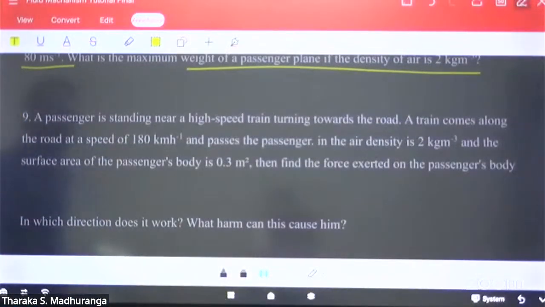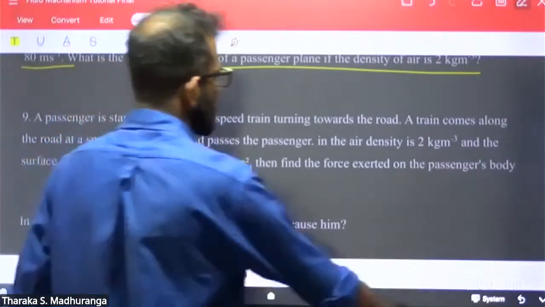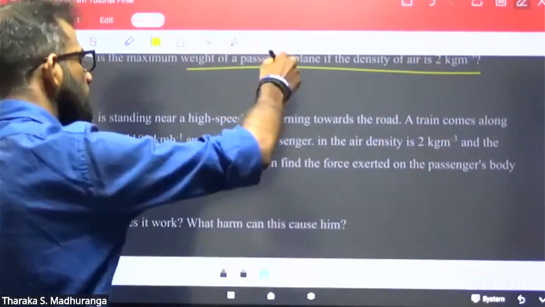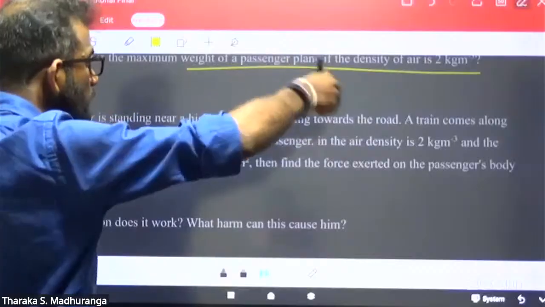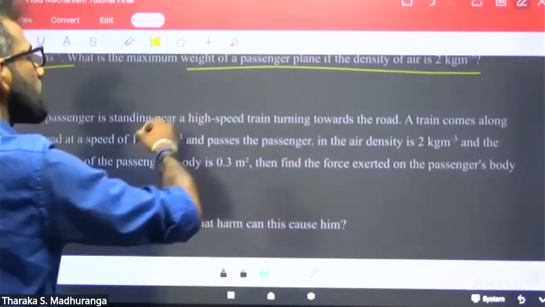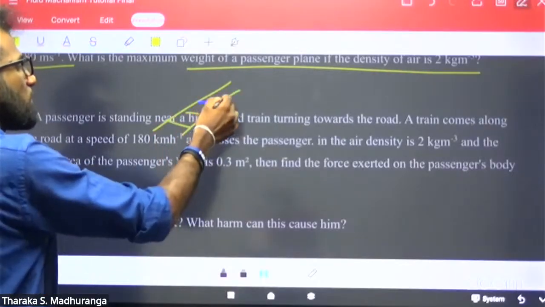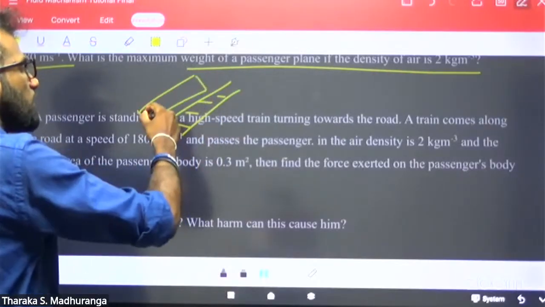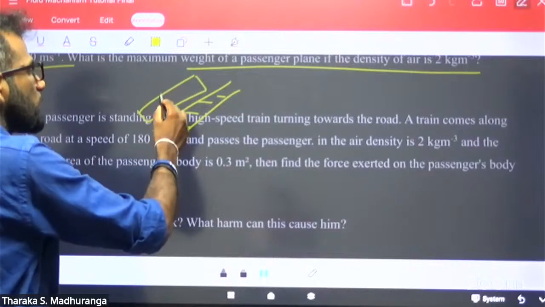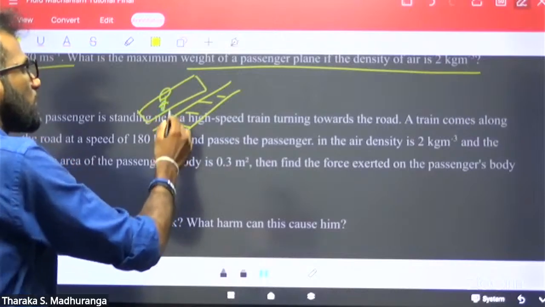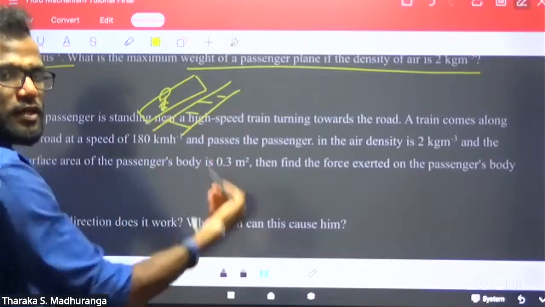A passenger is standing near a high-speed train, turning towards the road. Okay, draw a sketch diagram. Think this is a railway, and this is a station, and the passenger is there, facing the train.